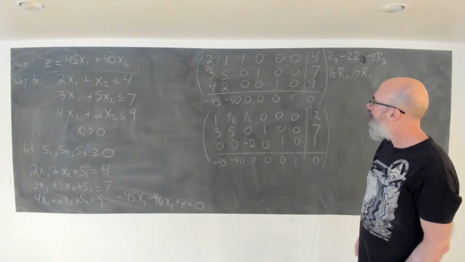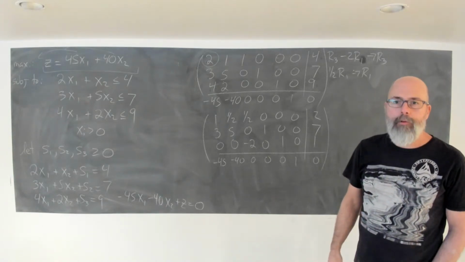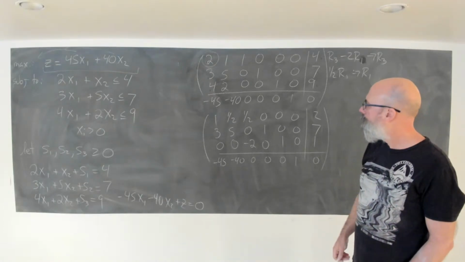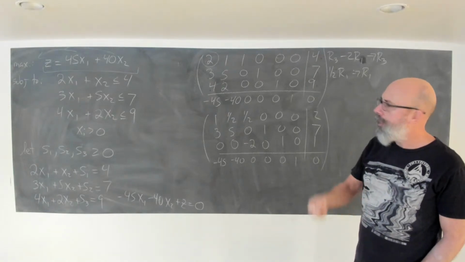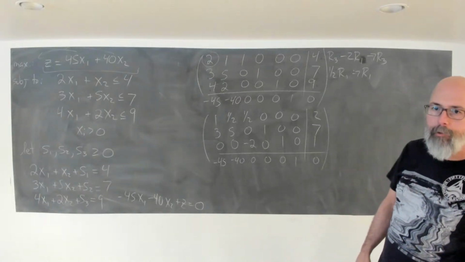In the midterm, you have to indicate which number is the pivot. You really should, so that it's clear to the marker what you're actually doing.